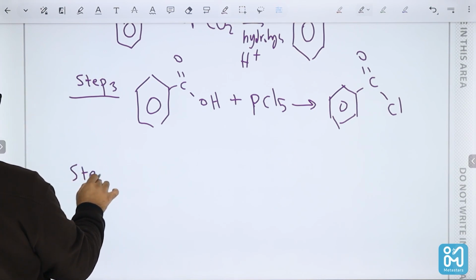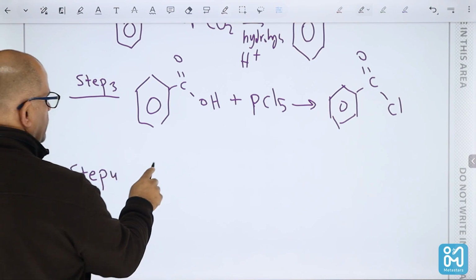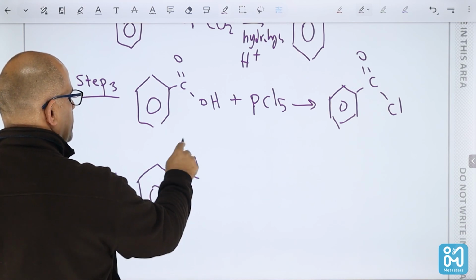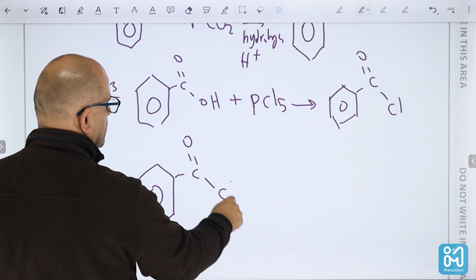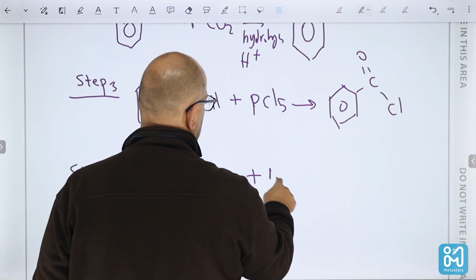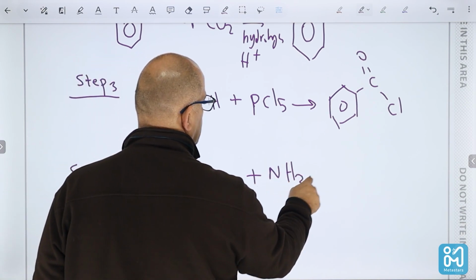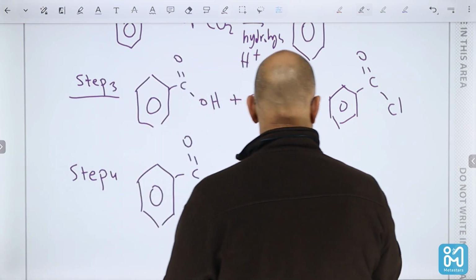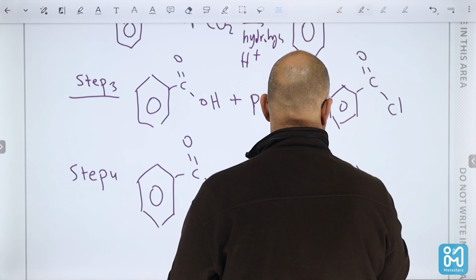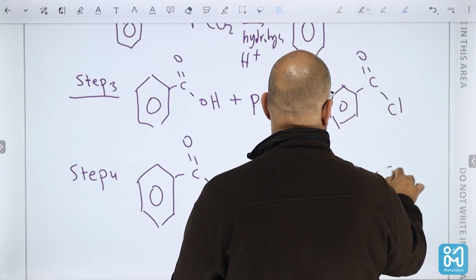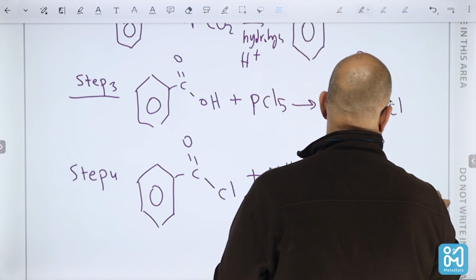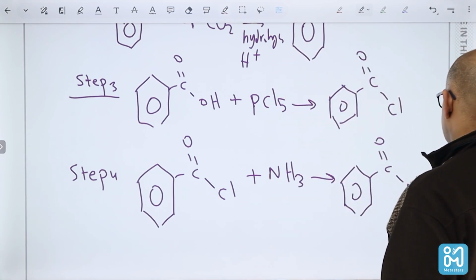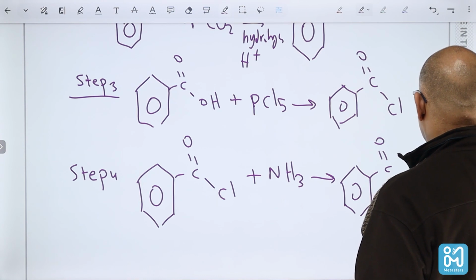Step 4, you will convert this plus ammonia in a sealed container. This will give us the product, CONH2, plus HCl.